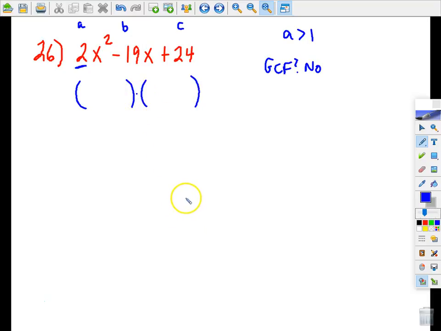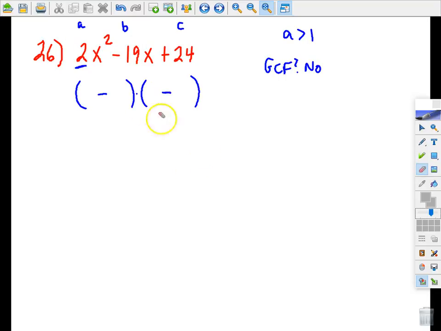Well, now let's go back to signs. Remember what this means? Minus in front of plus in the trinomial. That means that I know what the signs of my answer have to be. Both of these binomials have to contain minus signs.